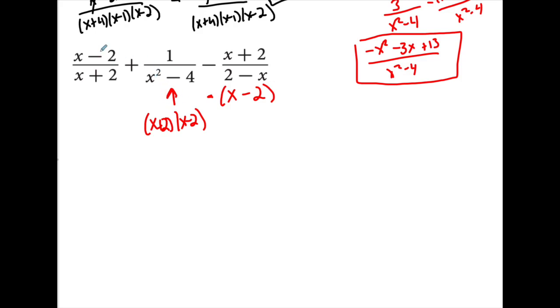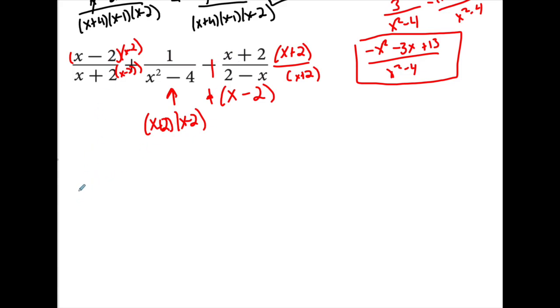So this one I'm going to need to multiply by x minus 2. The middle one will stay the same. That one's good. And this top one I'm going to multiply by x plus 2. Okay, so this one x plus 2, x plus 2. This one x minus 2, x minus 2. The negative sign, I'll pull that out and turn this into a plus sign, because the fact that that's negative makes the whole fraction negative because the top is positive, and so we're essentially minusing a negative or adding a positive.